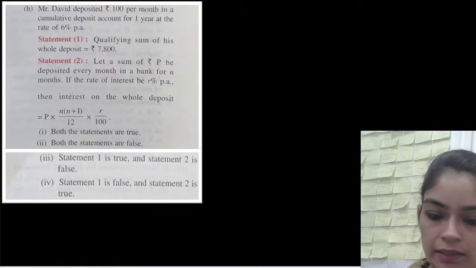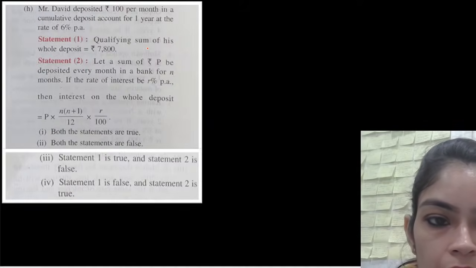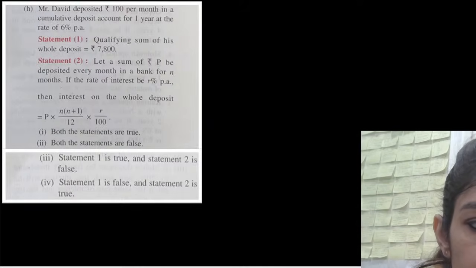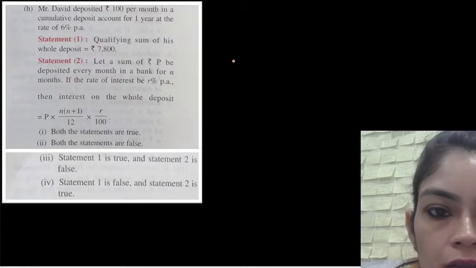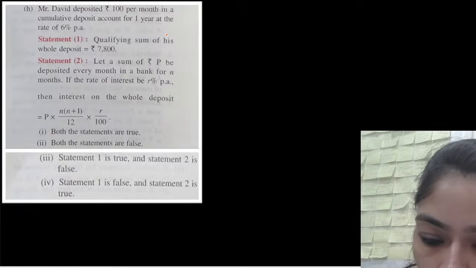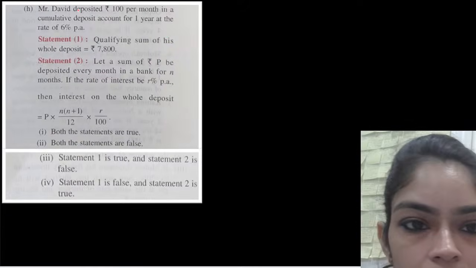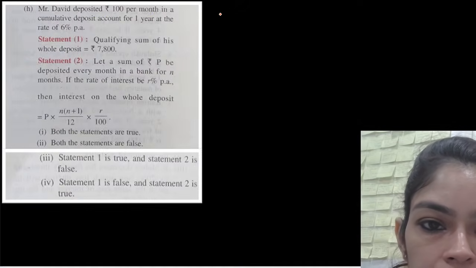Next also is an assertion and reason question. So given information we have to see first. Mr. David deposited rupees 100 per month in a recurring deposit.